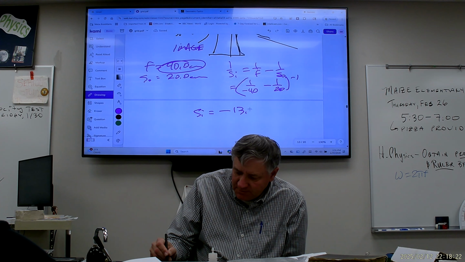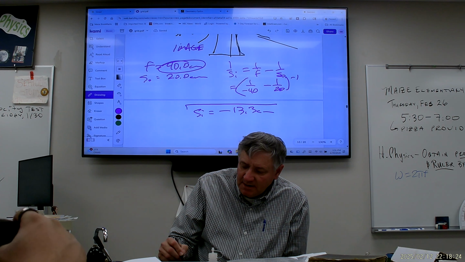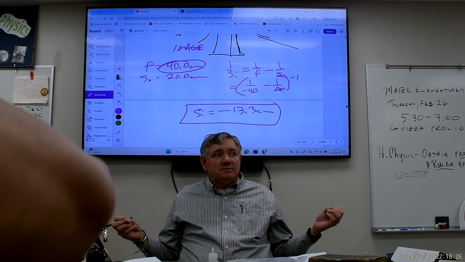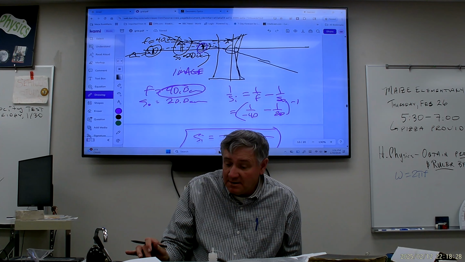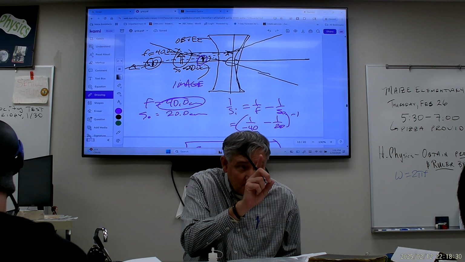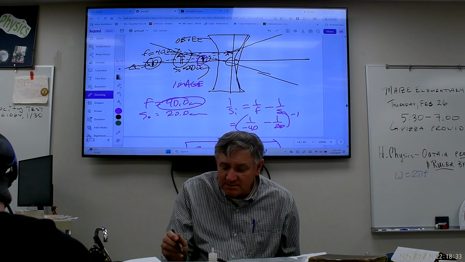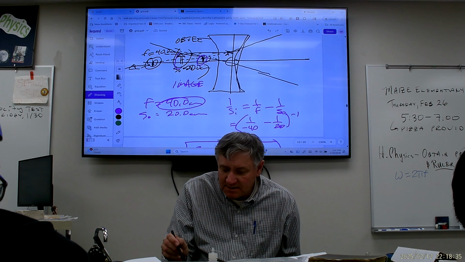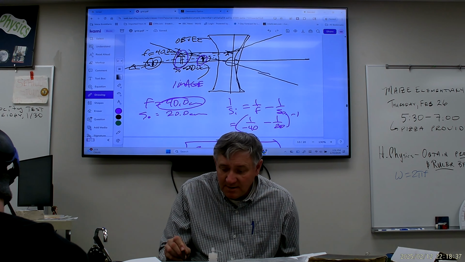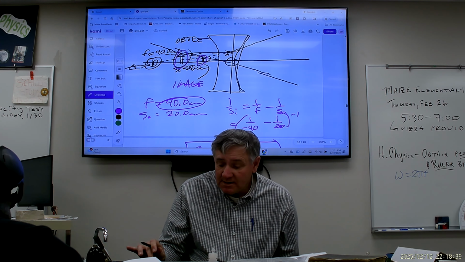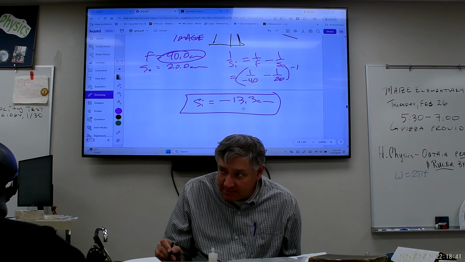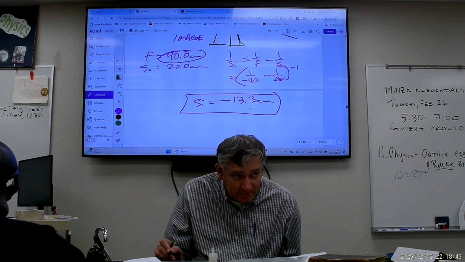So what do you get for your image distance? Negative 13.3 centimeters. Now, does that make sense in terms of your image distance? The image is going to go back. Yes. So here's the story. Here's your object distance. That was 20. Does it make sense that my image distance is 13.3?